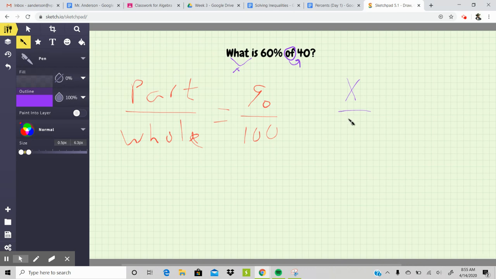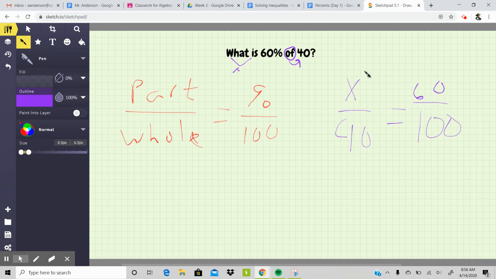So it's going to be X over 40 is equal to 60%. I'm just going to put 60. You don't put the percent symbol with it. I'm just using this to tell us that you put the number that's the percent, over 100. So X over 40 equals 60 over 100.